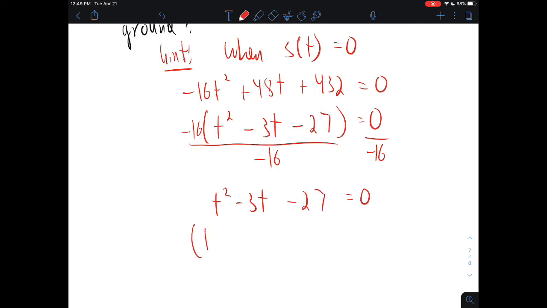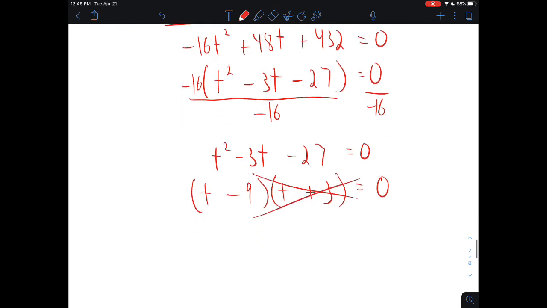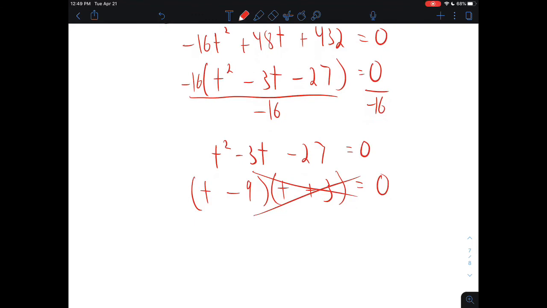And then factoring, this gives me, let's see, two numbers that multiply to 27. So let's say negative 9 and positive 3. But when I add up negative 9 and 3, I get negative 6. So this doesn't work. So what do I do if I can't factor and find the value of t? I have to use the quadratic formula.